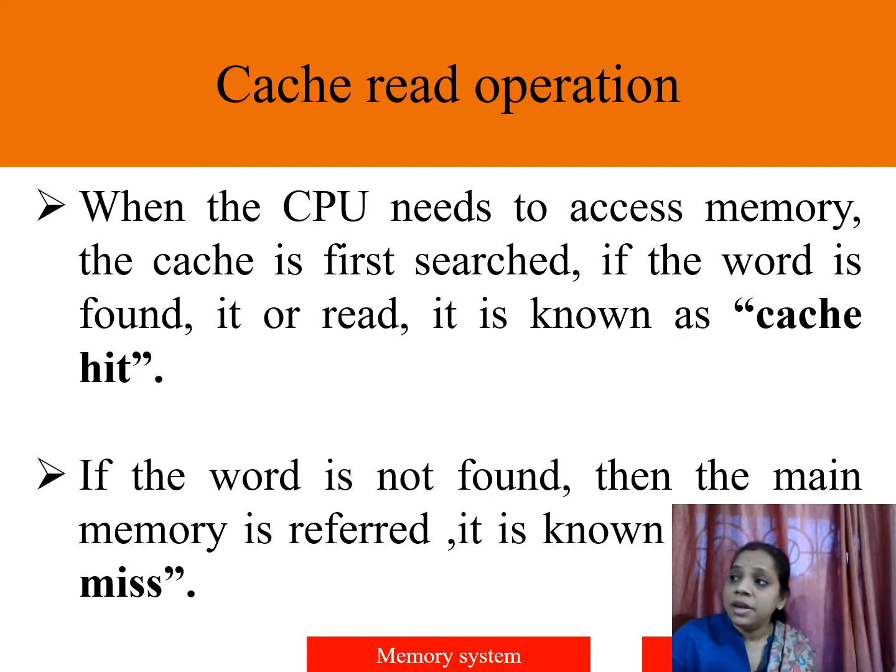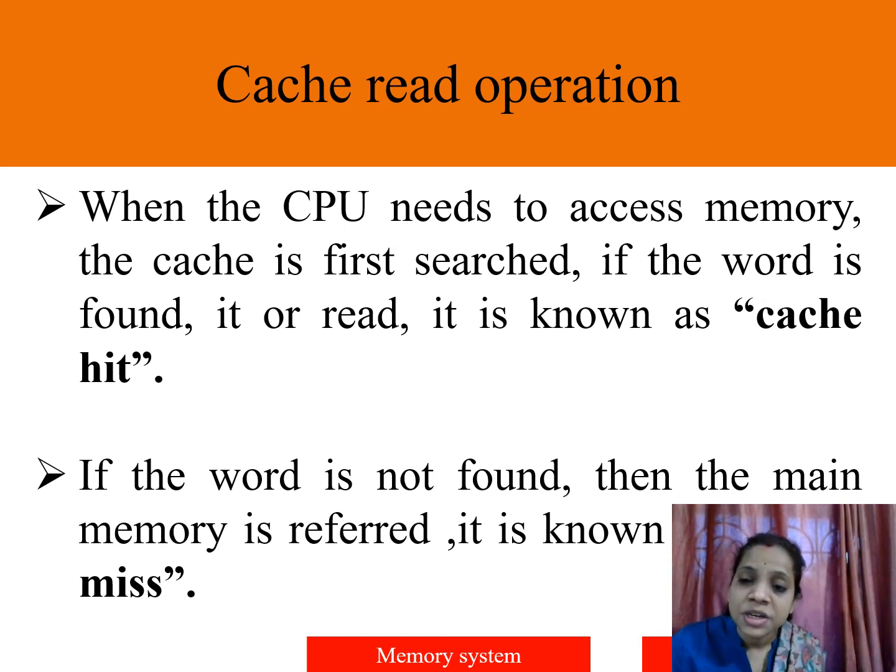That means the cache is missed for the particular word the CPU was looking for. The CPU searched for a particular word and it was not found in the cache memory, but it is found in the main memory, because we have placed a copy of that frequently used data in the cache memory.